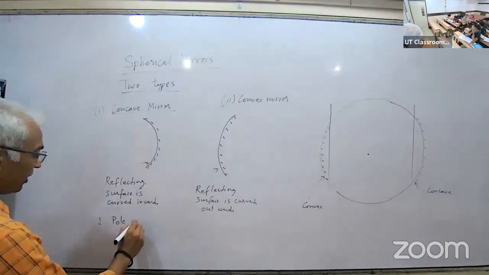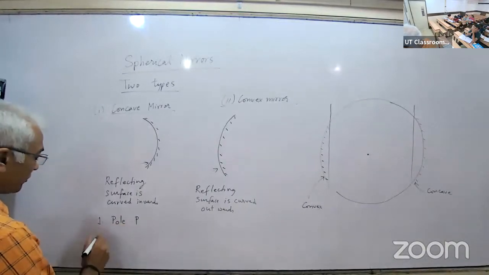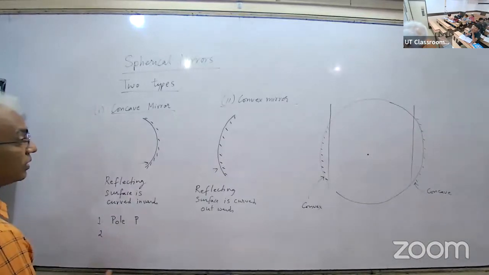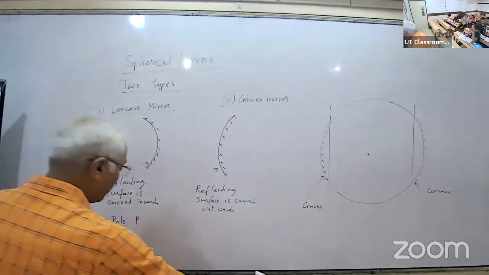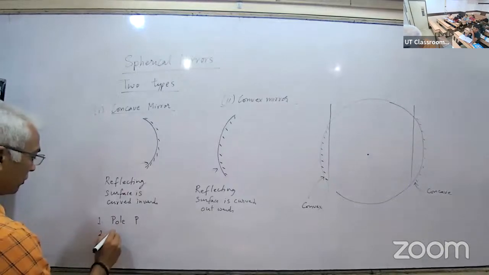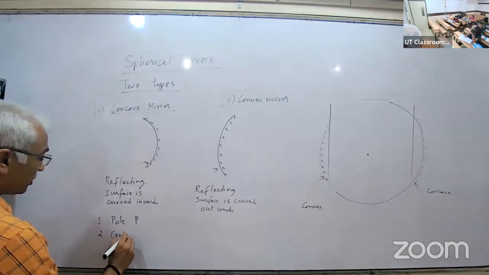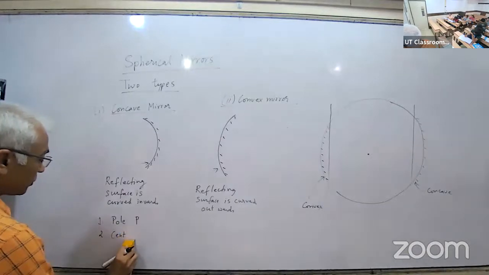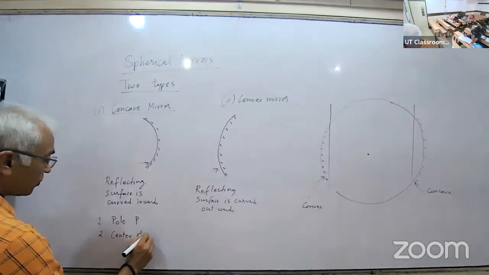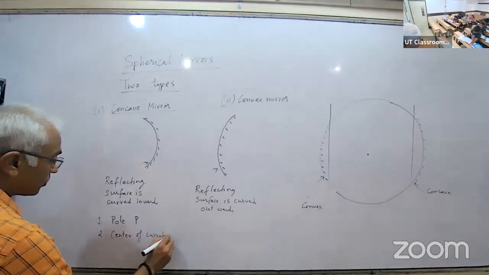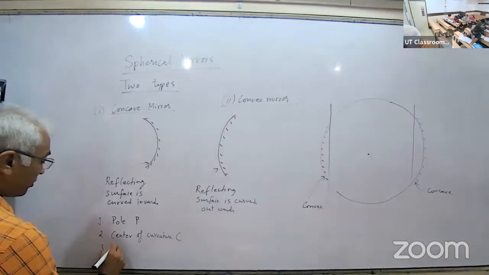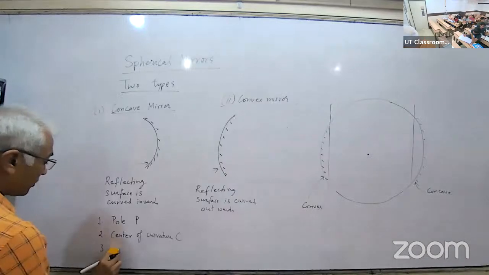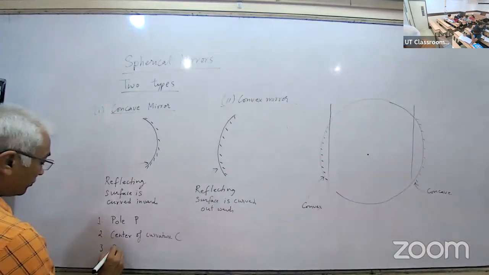One is pole and its symbol is P. Second, you have center of curvature, symbol C. Then you have radius of curvature and principal axis.